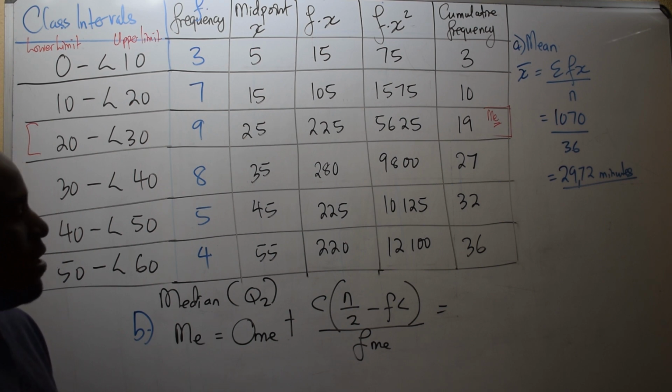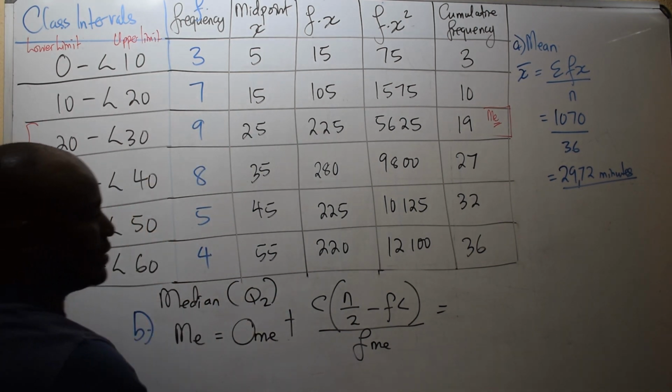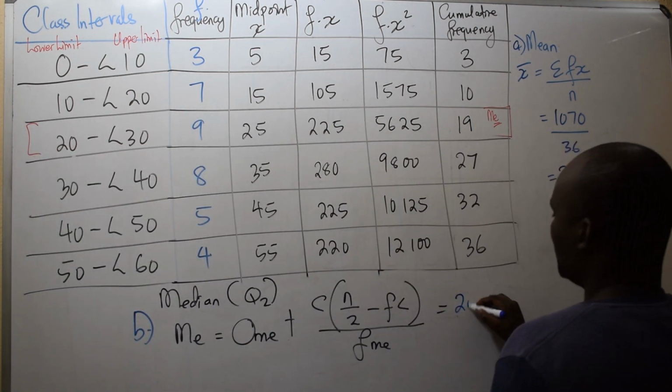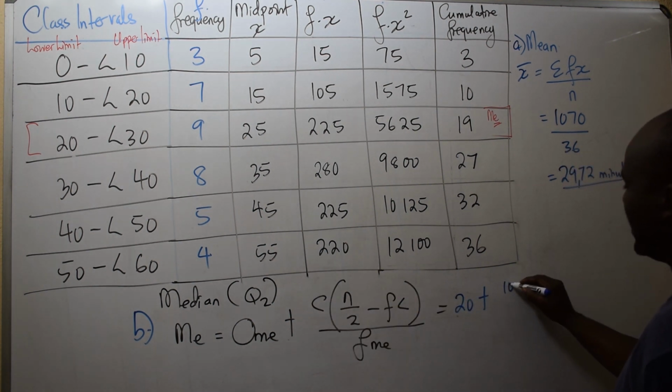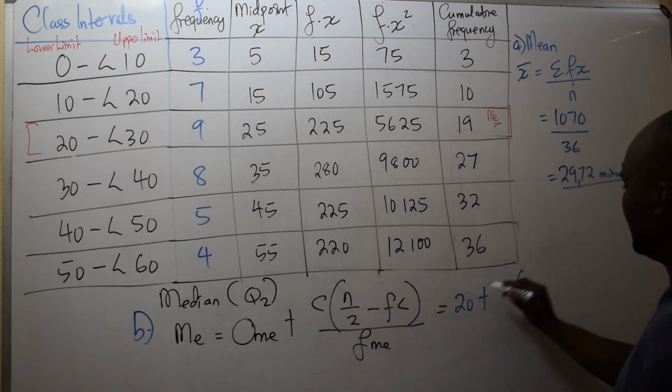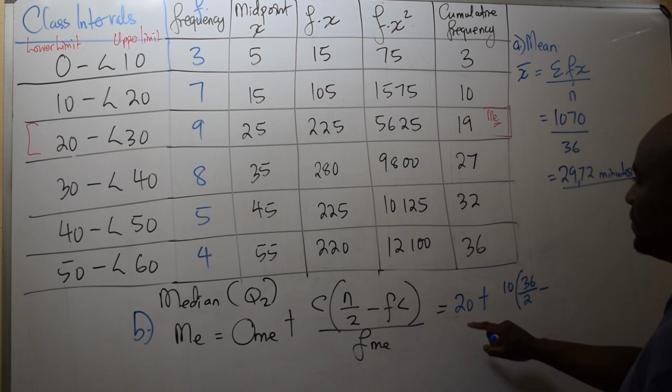So we now need to substitute. What is the lower limit of this interval? The lower limit is 20. So this equals 20 plus, what is our class width? It is 10. And your n is 36, so 36 divided by 2 minus the cumulative frequency of the class.